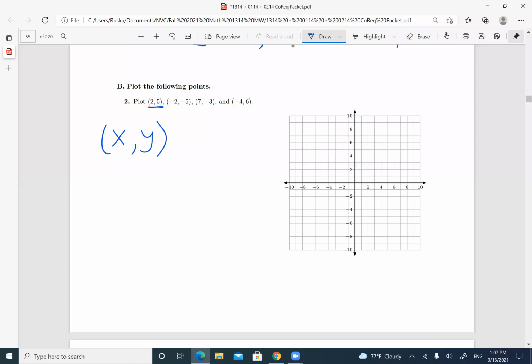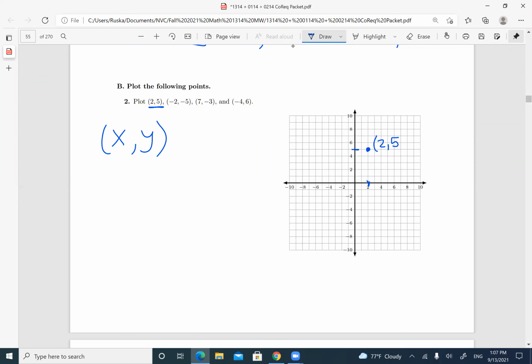So I'm going to go 2 on the x-axis, and then I'm going to go 5 on the y-axis. So 5 is between 4 and 6. And wherever these two lines intersect, that's my point. Okay, everybody understand that? So this point has coordinates 2 and 5. That's how you graph it.